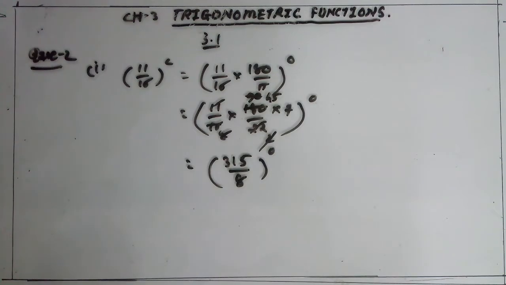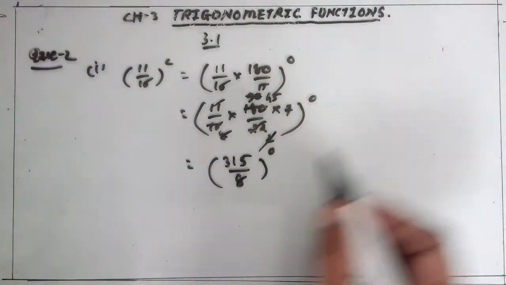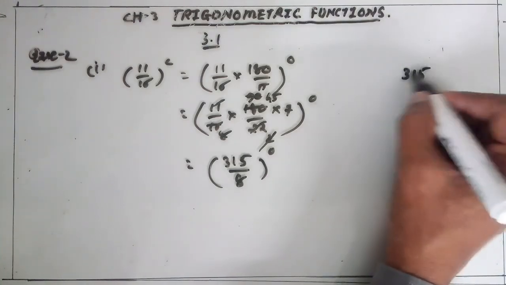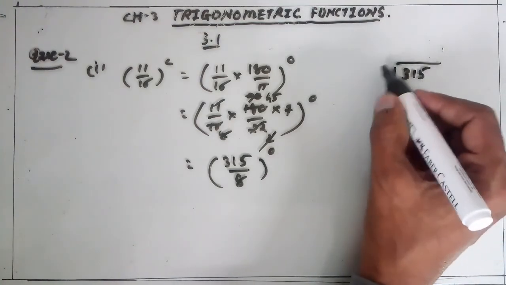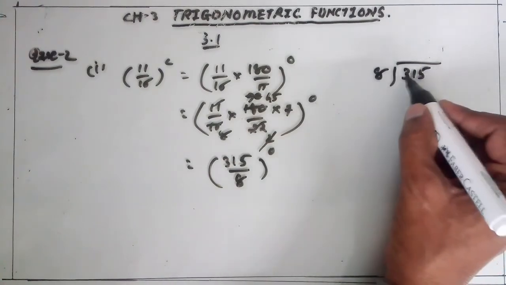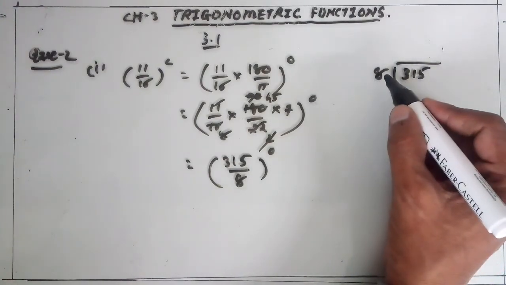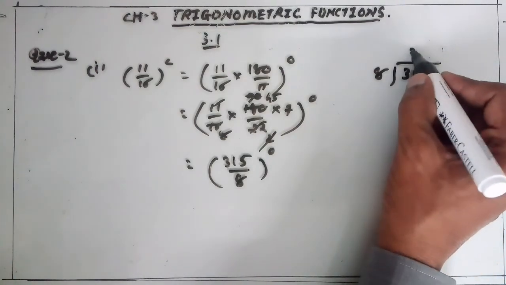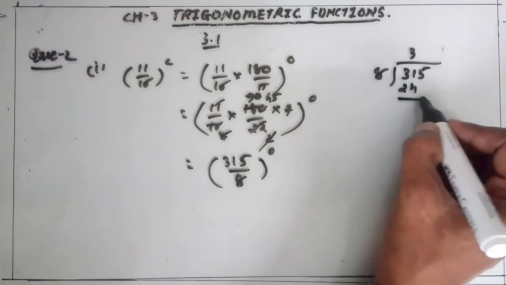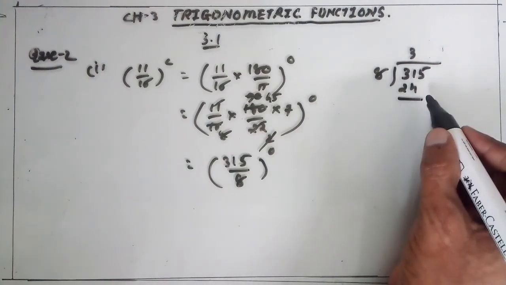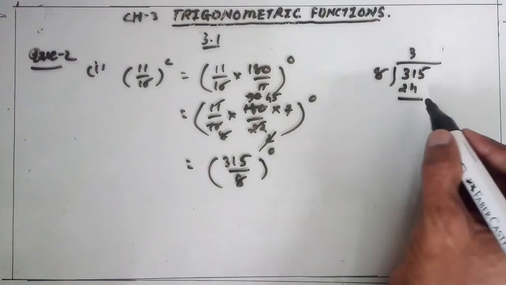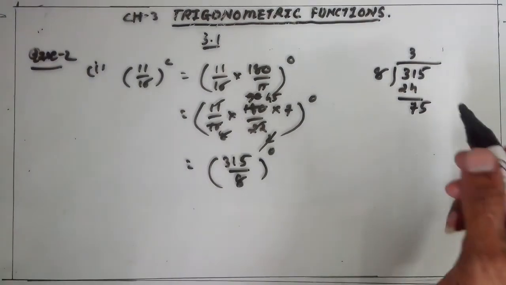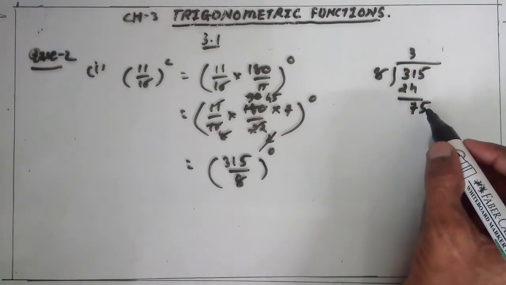Now using the simple division method, change into simple form. 315 upon 8, 8 3s are 24. Here we get 75.